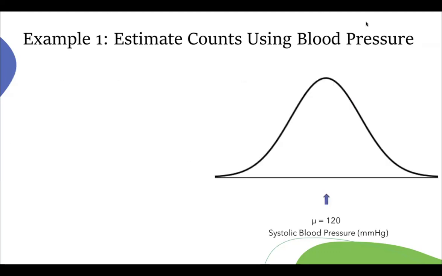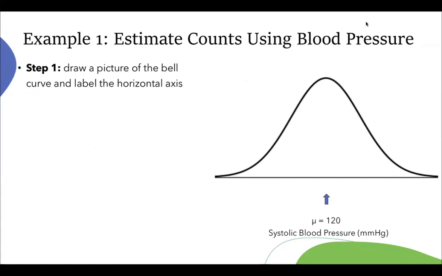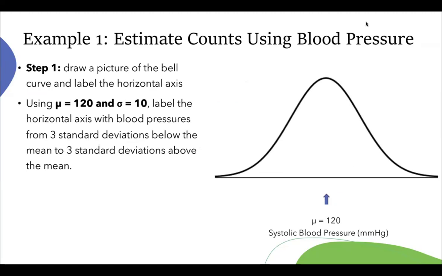So starting with the bell curve and starting with what we know, the mean and the standard deviation, we can label the horizontal axis. So the center is 120, and for this distribution, we're told that the standard deviation is 10. So let's label three standard deviations above the mean, 130, 140, 150, and three below the mean, 110, 100, and 90.